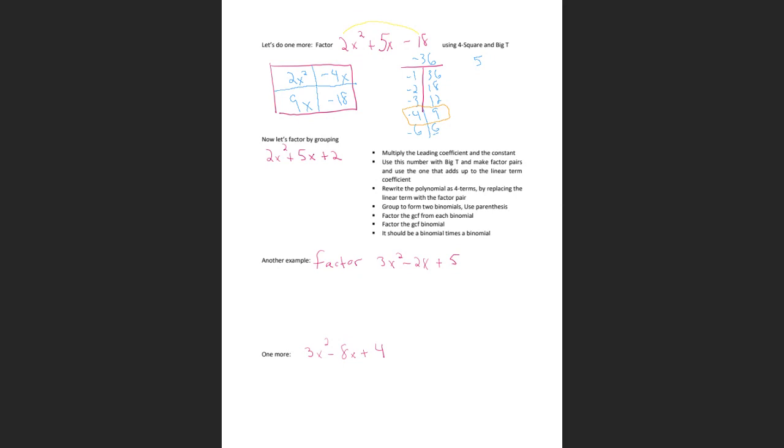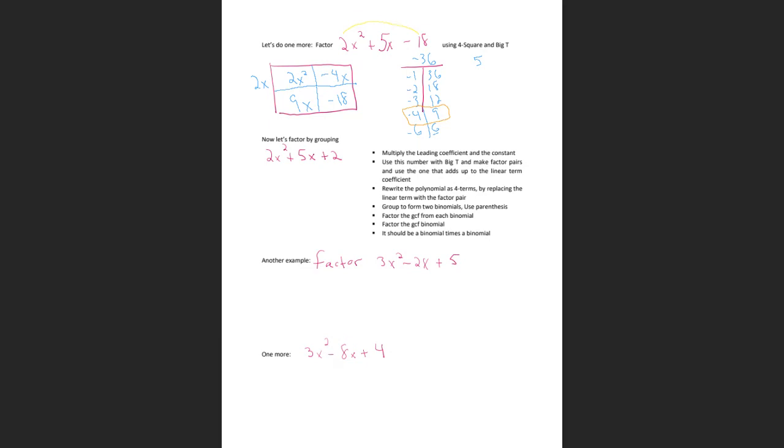Now, the other trick is I have to now find the GCF of the first row. So if I look at a 2x squared and a negative 4x, what factors do they have in common? Well, a 2 and a 4 have a 2 in common, and an x squared and an x have an x in common. So I'm seeing a 2x is what's in common. From there, we just got to multiply the rest of it out.